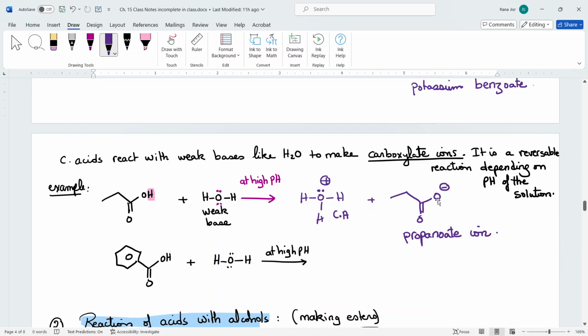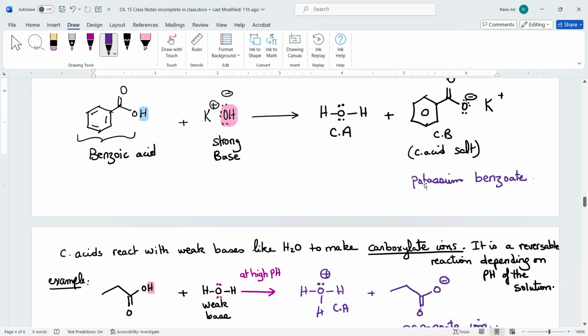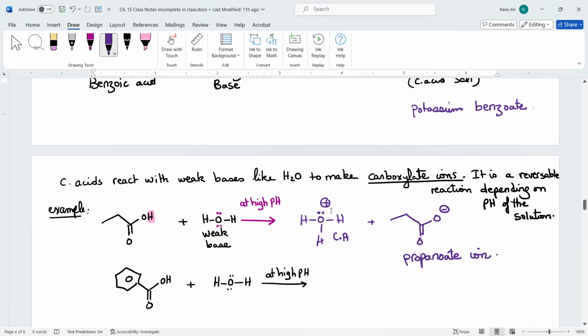You don't have to name that positive part unless it is a potassium or sodium. Then go ahead and name it. If it is a hydronium, it's fine. You can skip that. So the idea here is that at high pH, the reaction is going to favor the formation of the propanoate ion, which is what?